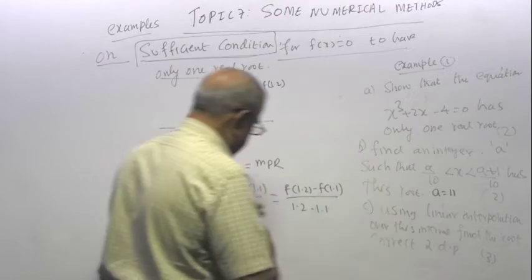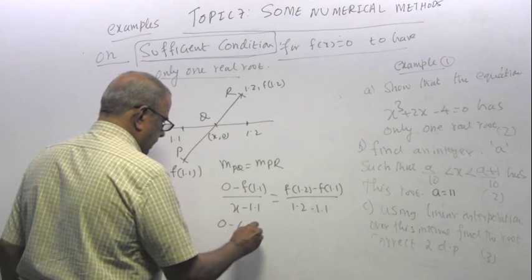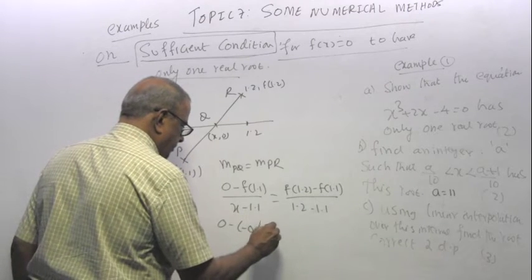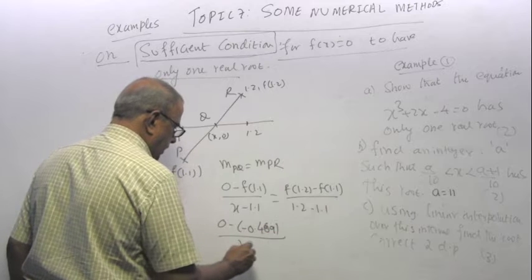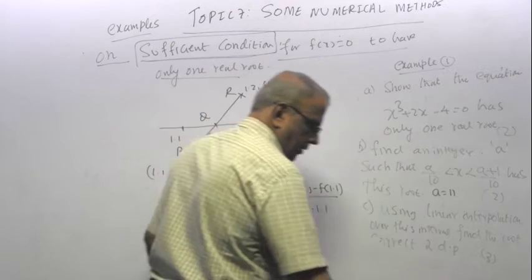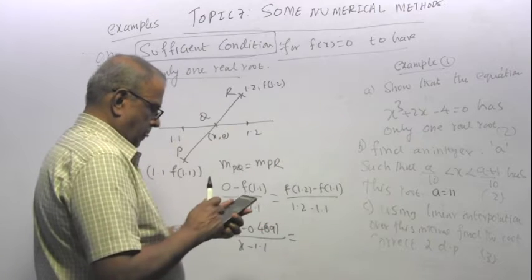So that will be 0 minus 0.469 over x minus 1.1 equals, what is f of 1.2?